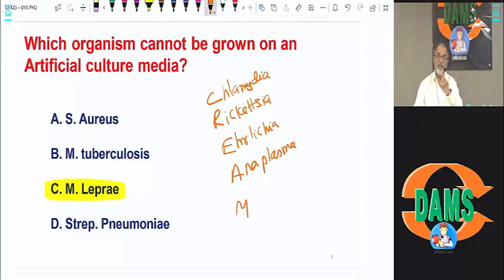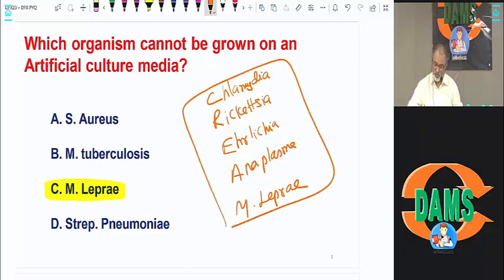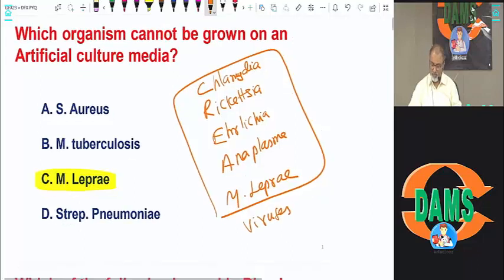Mycoplasma is for people not taking gram stain. Here non-cultivable is Mycobacterium leprae. So be careful. Same mnemonic. And also you can remember viruses, pathogenic Treponema.